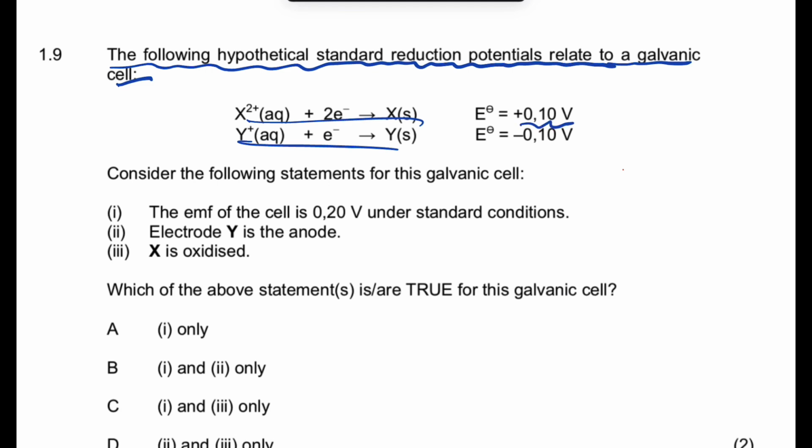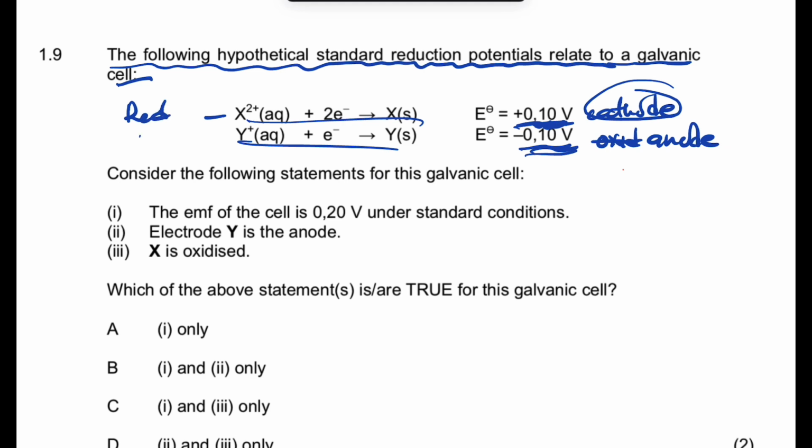The one that is positive is a cathode. The one that is negative is an oxidation, or in other words, the one that is smaller is oxidation, an anode, and the one that is bigger is a cathode. Very important. That means this one is undergoing reduction, and this one is oxidation, right?